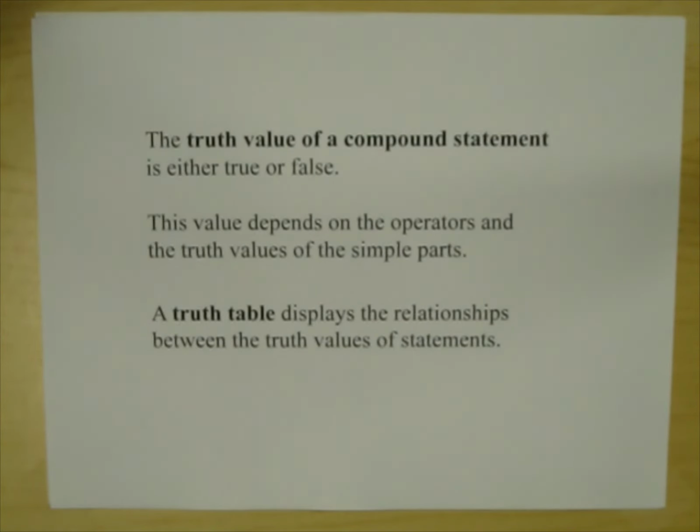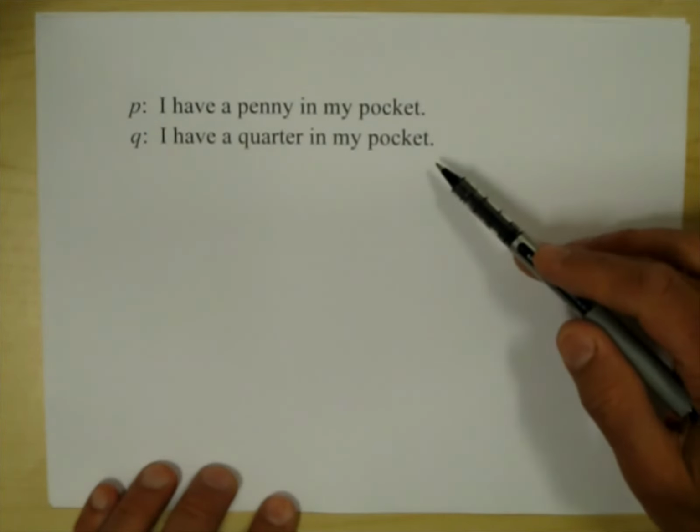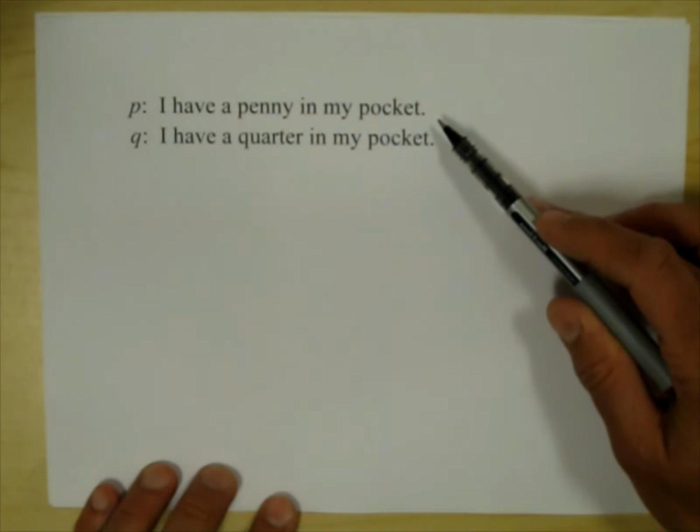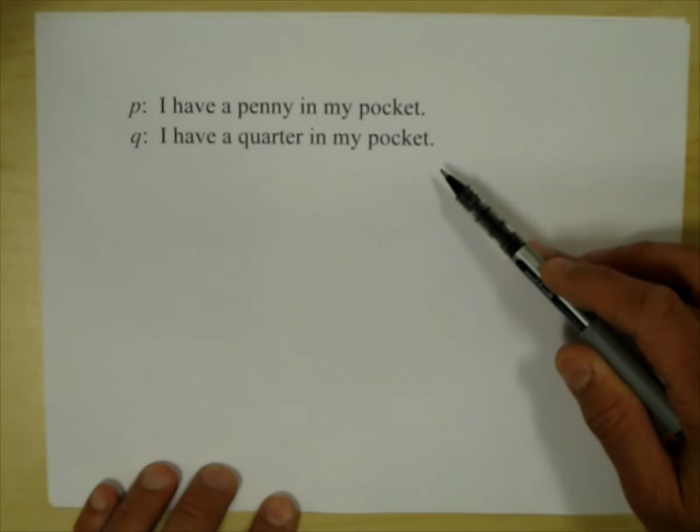So we have to take out our example. We're going to use this a lot. Example with P and Q, where P is I have a penny in my pocket, and Q is I have a quarter in my pocket.